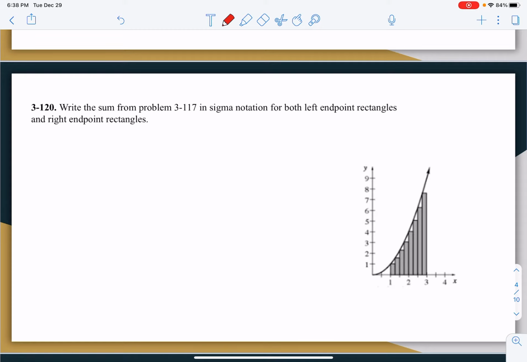Then in the problems from yesterday, we calculated the area under the curve using smaller intervals of rectangles. So if I want to write sigma notation for left endpoint rectangles, I've got x sub 0, x sub 1, x sub 2, x sub 3, and so on, up to x sub 7.